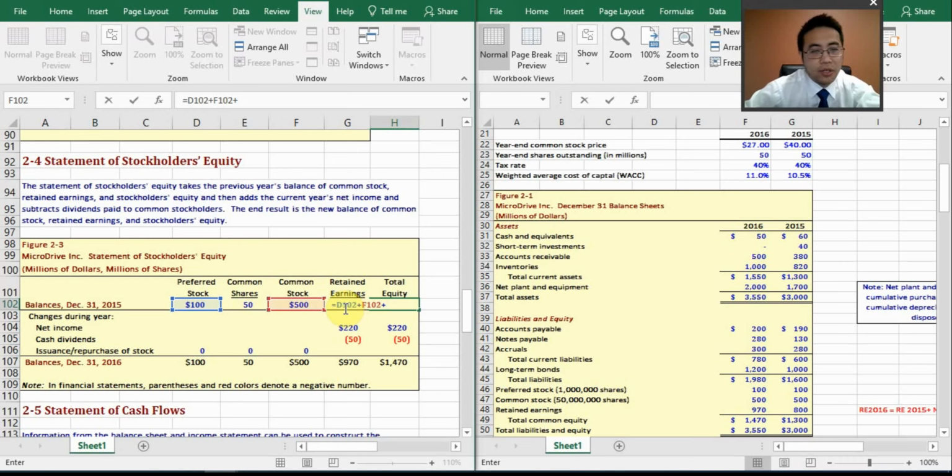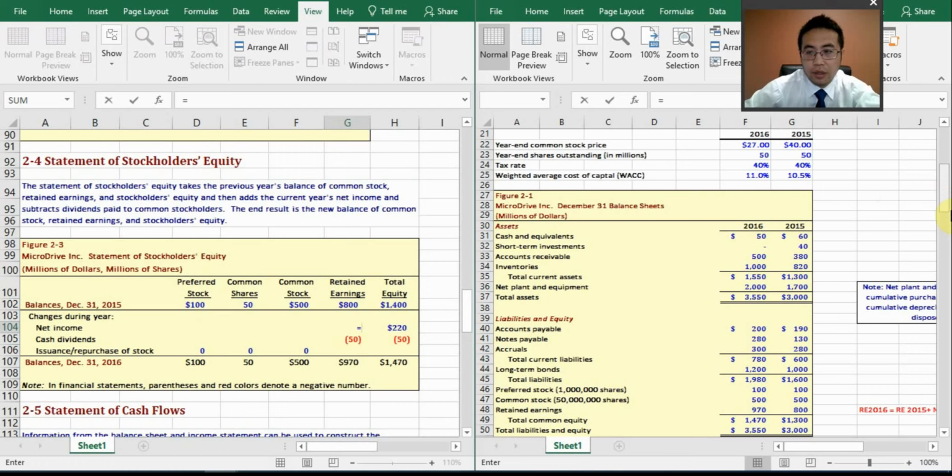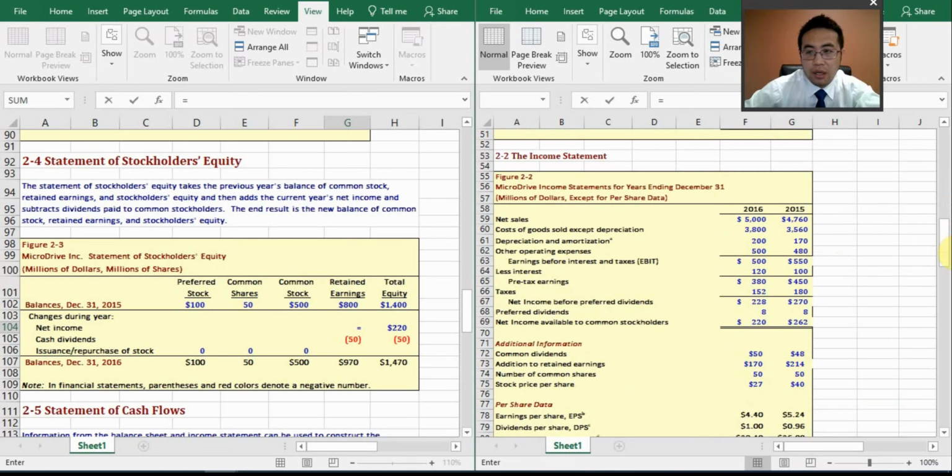Okay, it's hard for me to click, but I can input its column letter and row number. That's G102. And then I got 1400. And for the net income occurring in the new year, we have 220, and that comes from the income statement on the right.